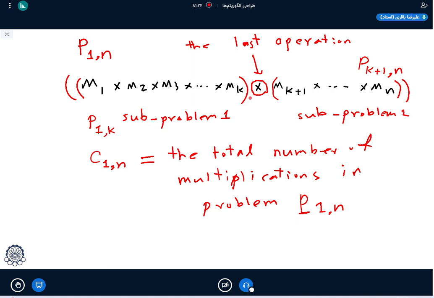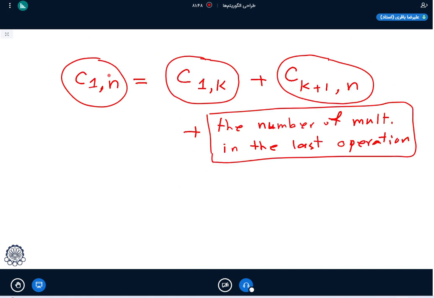This is the total number of multiplications. So we can write this relation: the total number of multiplications is equal to the number of multiplications of the left side plus the number of multiplications of the right side plus the number of multiplications in the last operation.